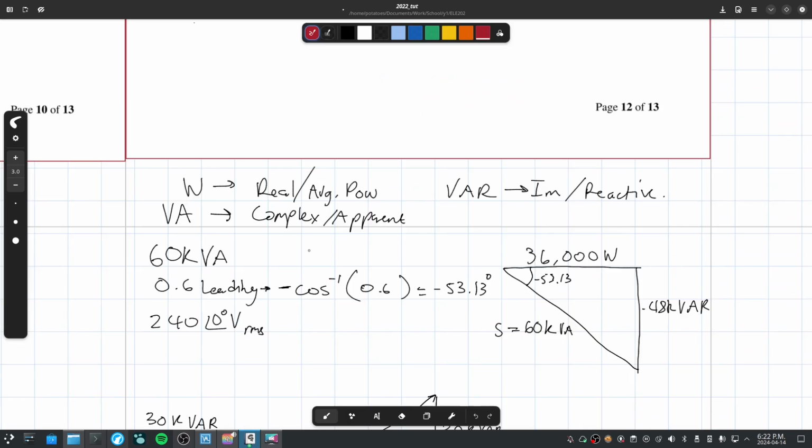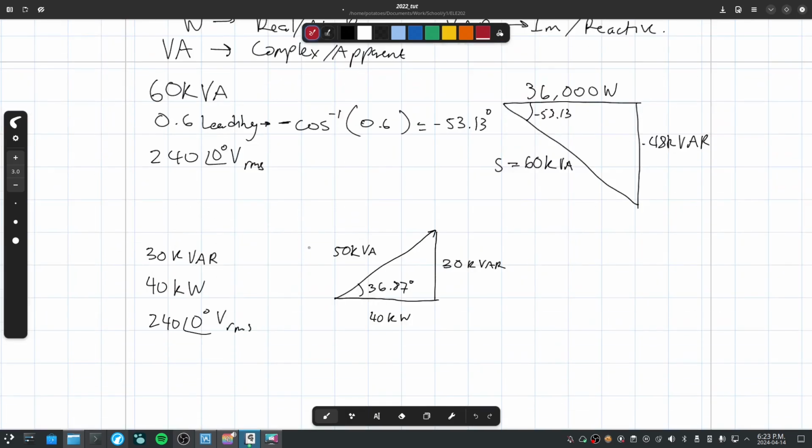Can you explain how you got the angle again? For the first one or the second one? You just put in your calculator. This is also just a triangle. You can use tan inverse, or you can just put it in your calculator. The way that I did it is I put 40,000 plus 30,000j and put it into phasor form.